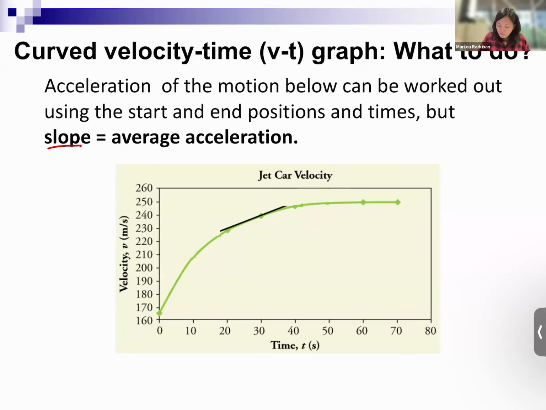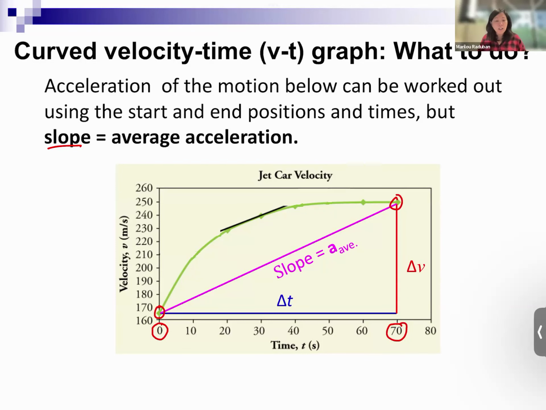Say, for example, we're asked to find the average acceleration between the time interval 0 and 70 seconds. Then we pick these 2 points here. We know that at 70 seconds, the velocity changed by this much, and of course the time interval is 70 seconds.